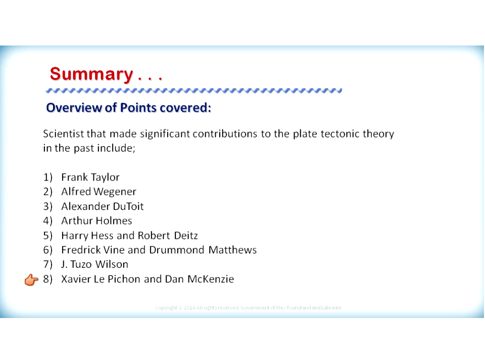And lastly, Le Pichon and McKenzie also contributed to plate tectonics, and Le Pichon put forth the first computerized model demonstrating the movement of the 6 major tectonic plates, which showed creation of ocean floor at ridges and destruction at trenches occurring in equal amounts. So these 8 sets of scientists made major contributions to help propose and formulate the plate tectonic theory since the mid-1900s to present time.